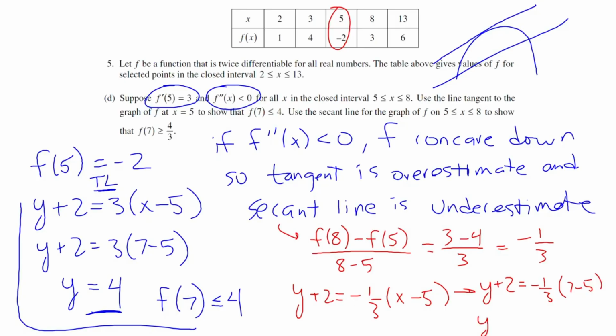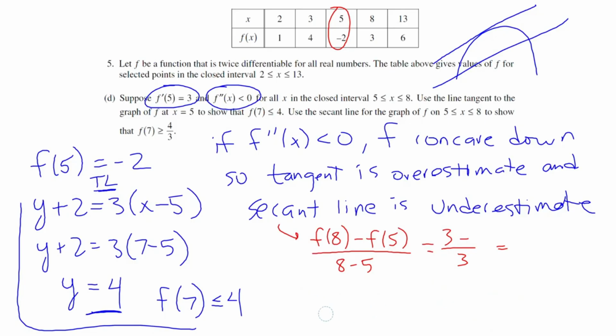No, that's a negative 2/3, but we'll go back and fix this all, because clearly what we've done here is I said f of 8 minus f of 5, and f of 5 is negative 2, not what I wrote there, which was 4. Right, so minus negative 2, so that gives us 5/3 here.